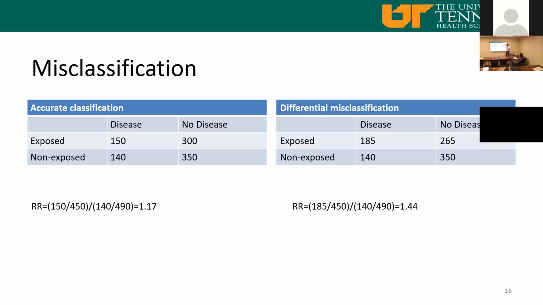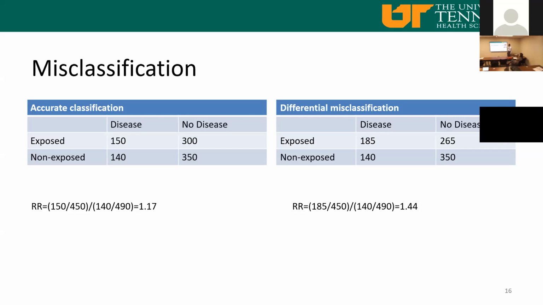In the exposed group, in the first table, 150 of those who are exposed are said to have the disease. But in the second table, about 185 more participants are diagnosed with the disease and fewer with no disease. So there is a differential misclassification in this case.